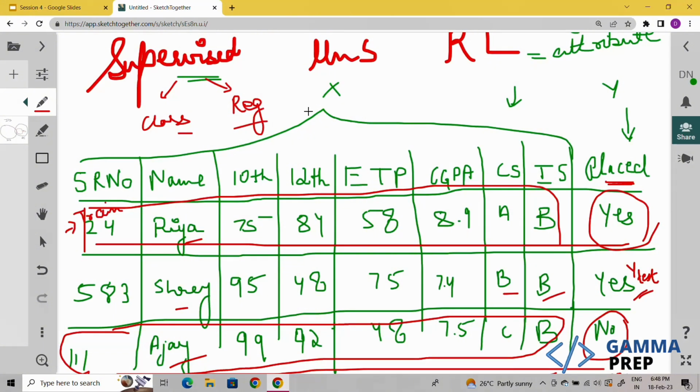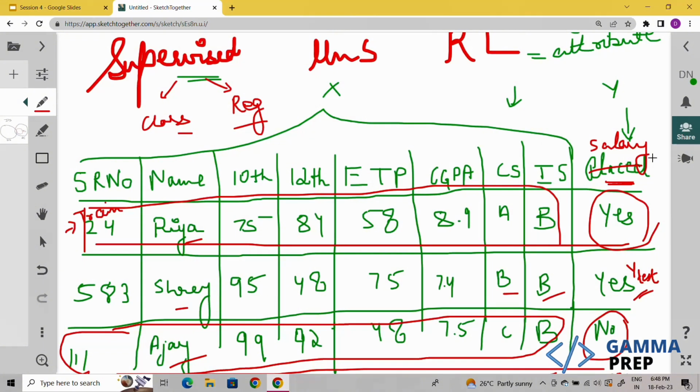In a regression example, instead of placement status, if we had something called salary. Now salary could be 0, 1 lakh, 2 lakh, 3 lakh, 10 lakh, 15 lakhs, 20 lakhs and so on. So in regression, essentially, we have a target which is a continuous variable, which means that it could be anything.